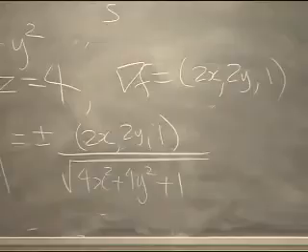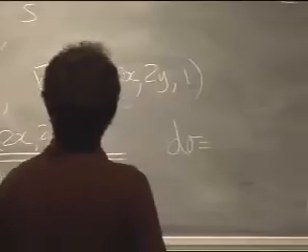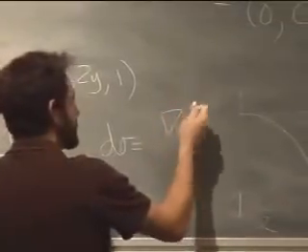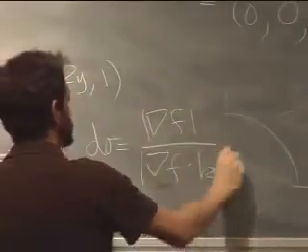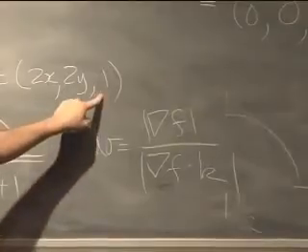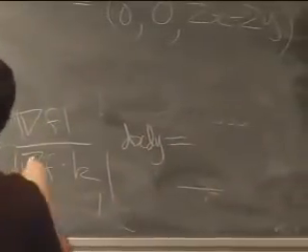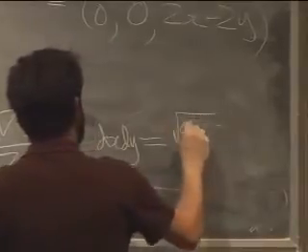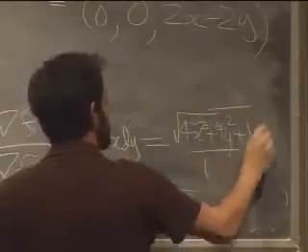All right, how about d sigma? D sigma is the length of grad f divided by the k component. Well, the k component is 1. So this vector, 4x squared plus 4y squared, it's not a vector, over 1 dx dy.